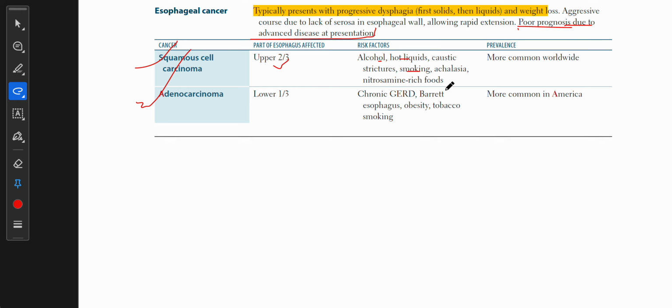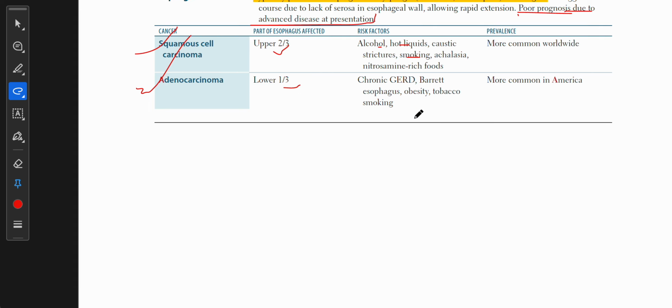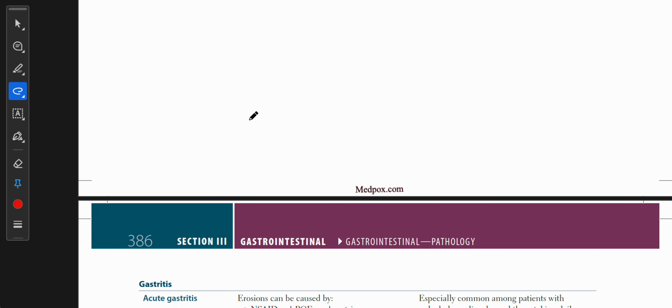In adenocarcinoma, the part of the esophagus affected is the lower 1/3, right? The risk factors are chronic GERD, Barrett esophagus, obesity, and tobacco smoking, and this is most common in America. So basically A for adenocarcinoma, A for America.